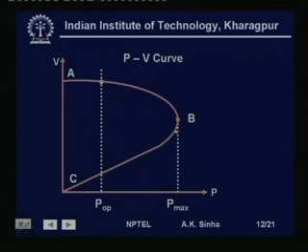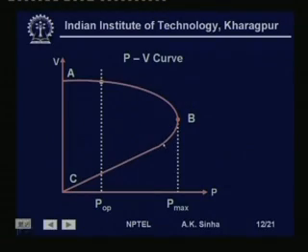Whereas, in this part of the curve, that is this BC part of the curve, if we increase the power, then the voltage also increases, or if we reduce the power, the voltage also reduces. And if that happens, that means if we reduce the power a little bit, the voltage reduces, that will again further reduce the current.